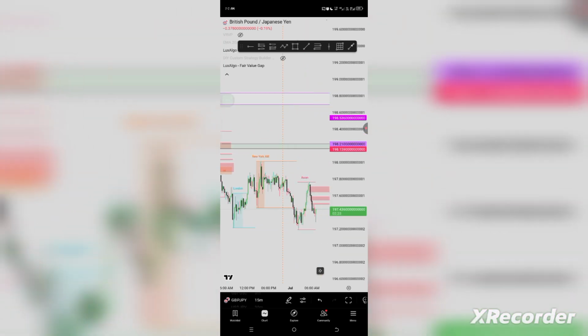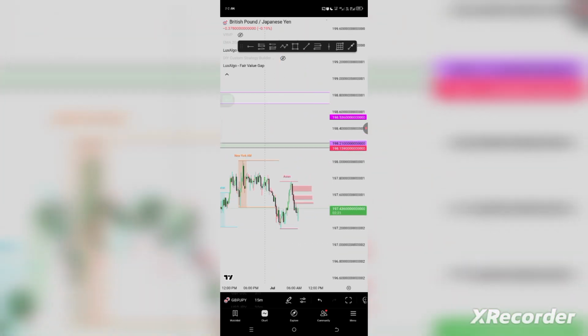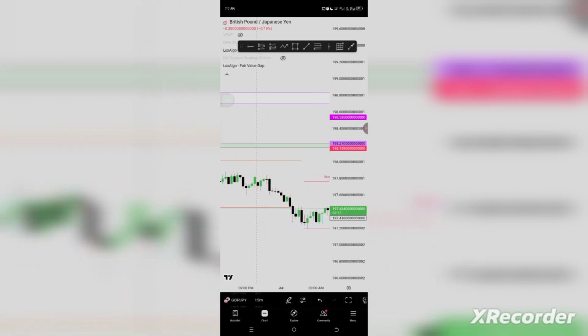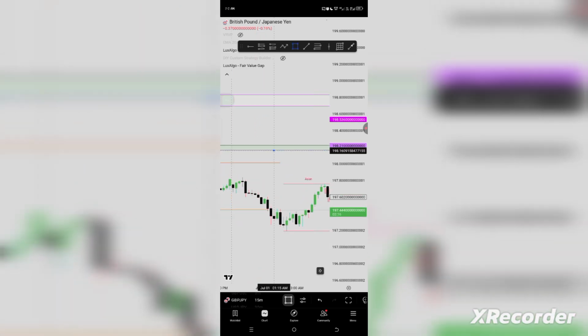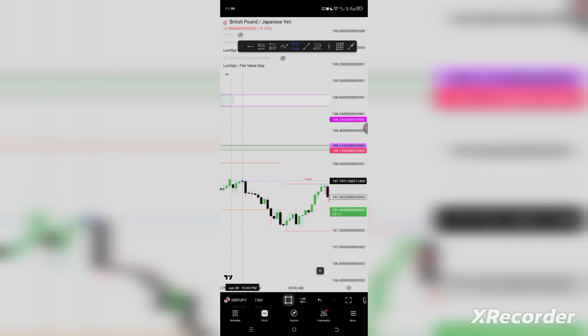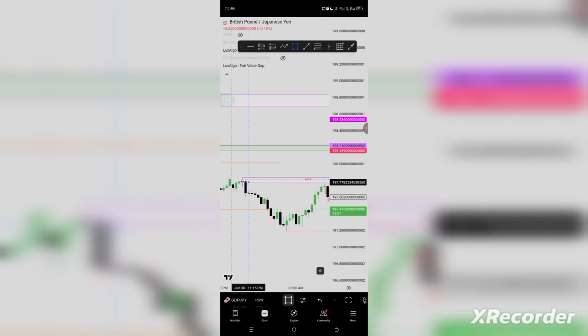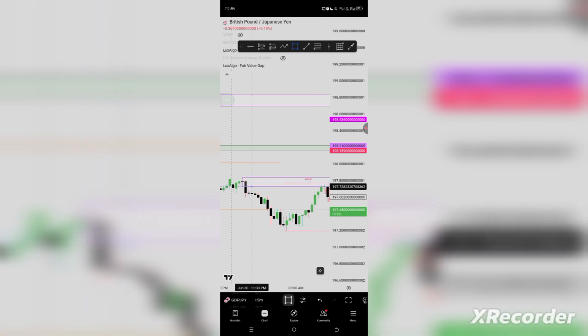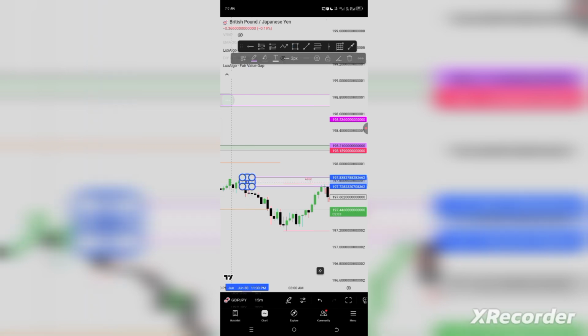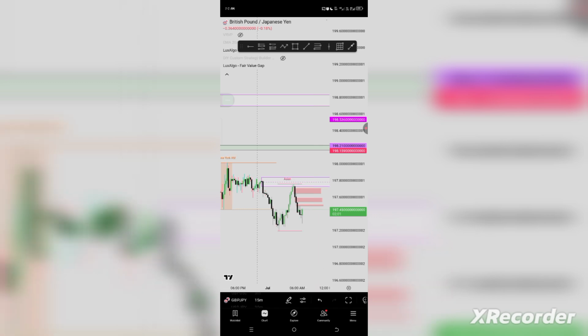Yeah. So let me mark out my reference zones today. Now this is looking like a nice one. Looking like the market has reacted off that level.